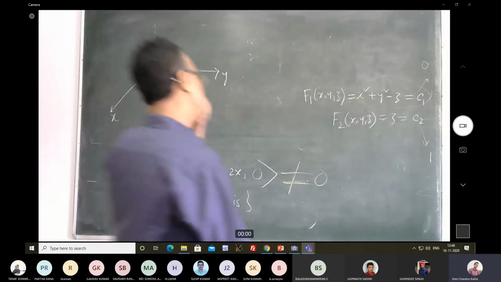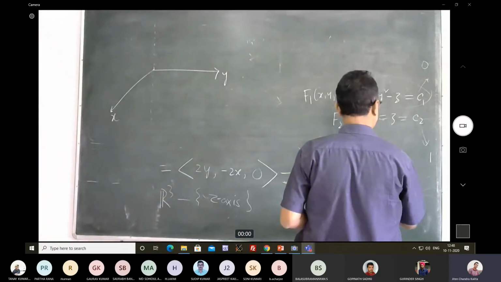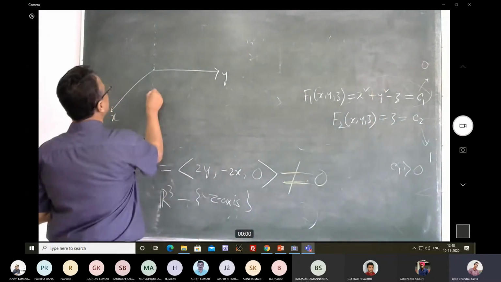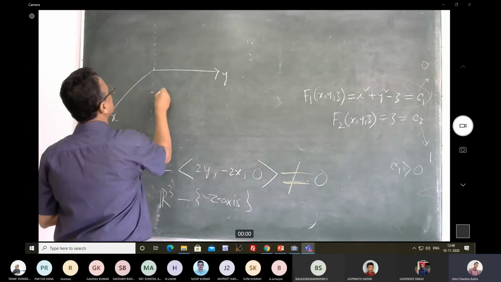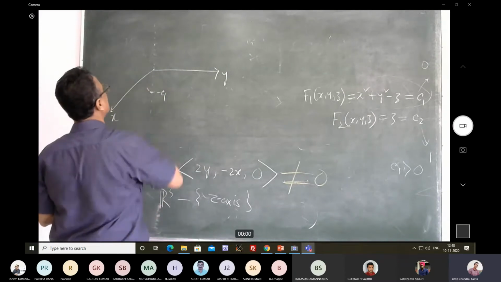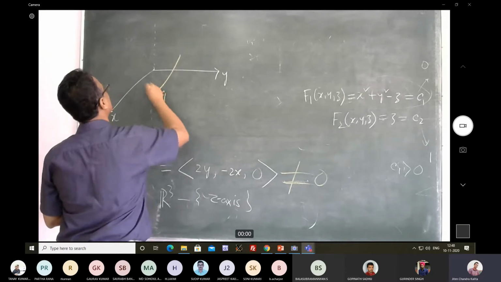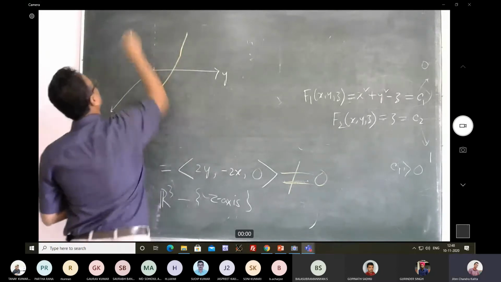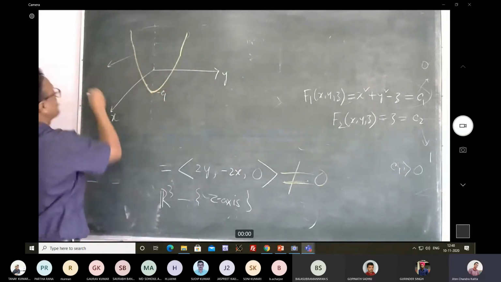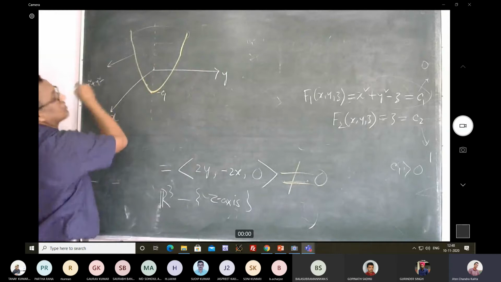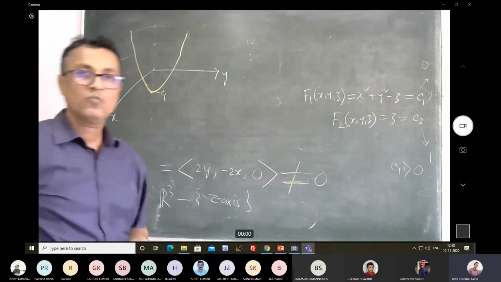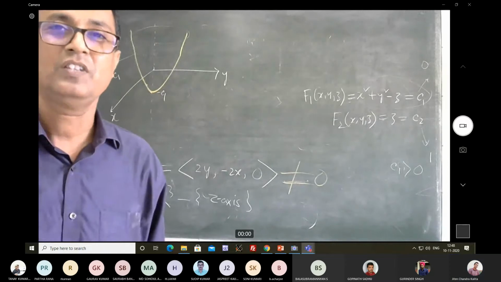Hypothetically, if C1 is greater than 0, and I take this point to be minus C1, then this is going to represent the paraboloid x squared plus y squared minus z equal to C1, isn't it? Is it okay with everybody?